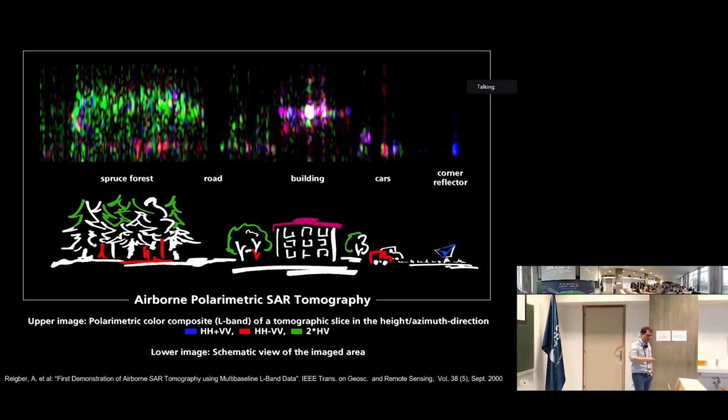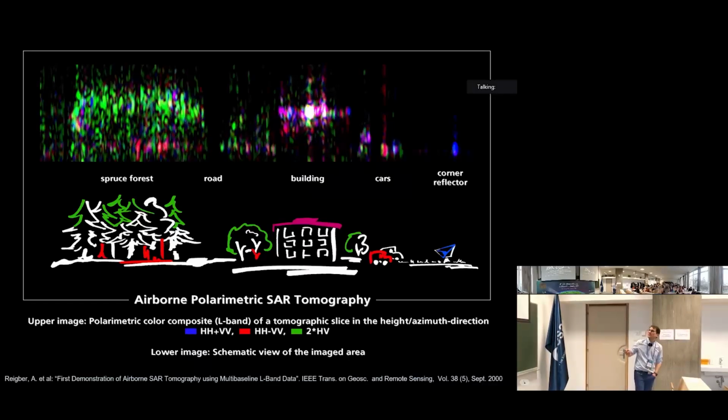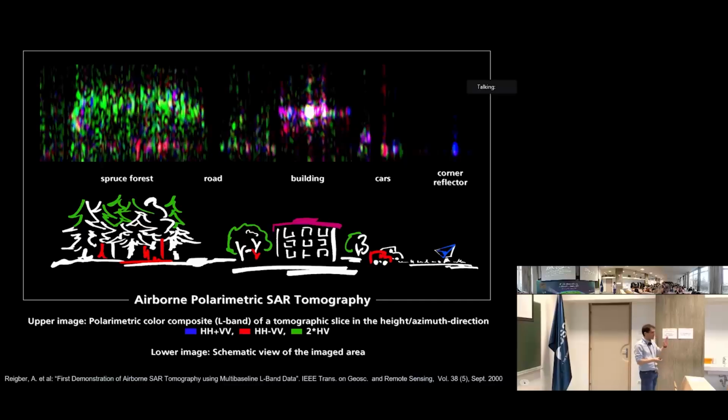They had tomographic profiles for different scatterers, for instance from a forest. You see here the green returns; these are Pauli composites. So you make tomographic profiles in the different polarizations and then you combine them as if they were a normal backscatter image in a Pauli combination.